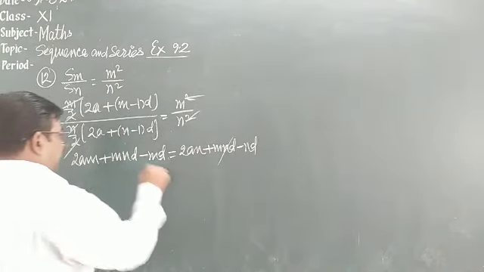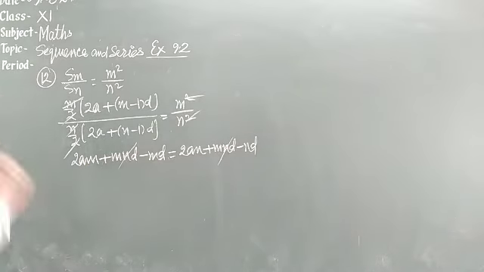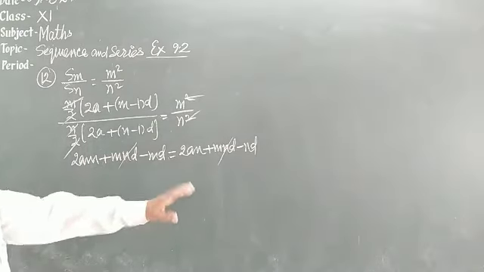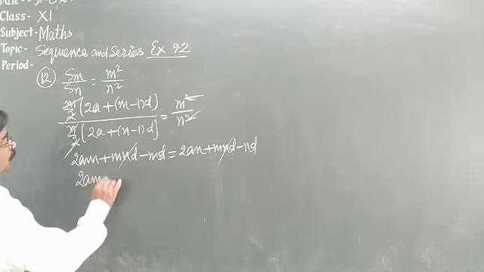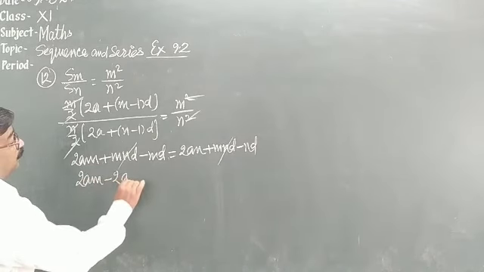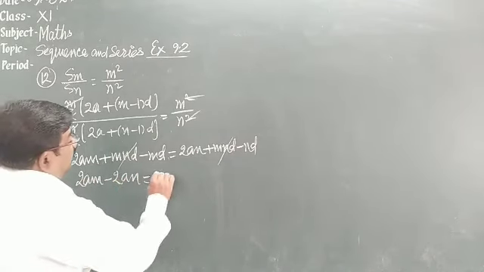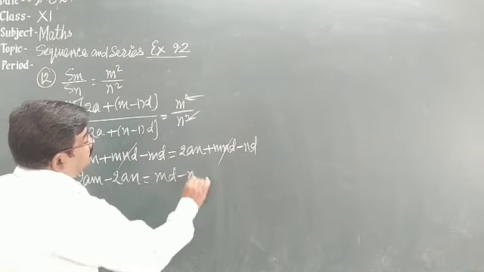See, this m and d will go. Send d and d in one side, a and a this side. We have 2am minus 2an is equal to md minus nd.